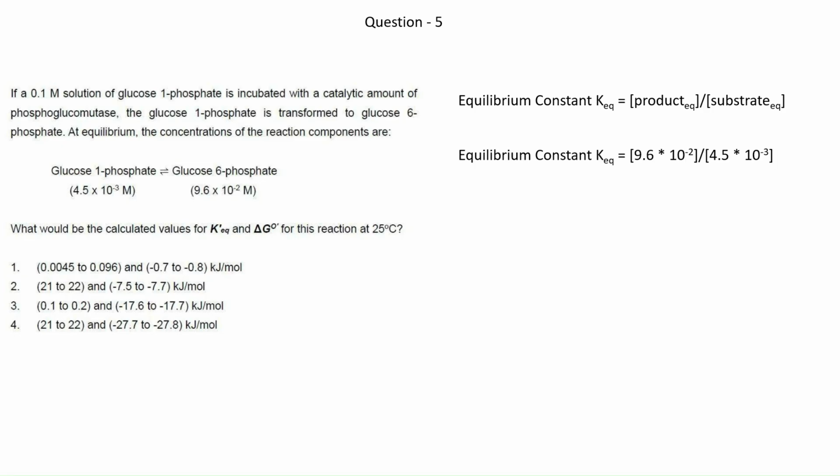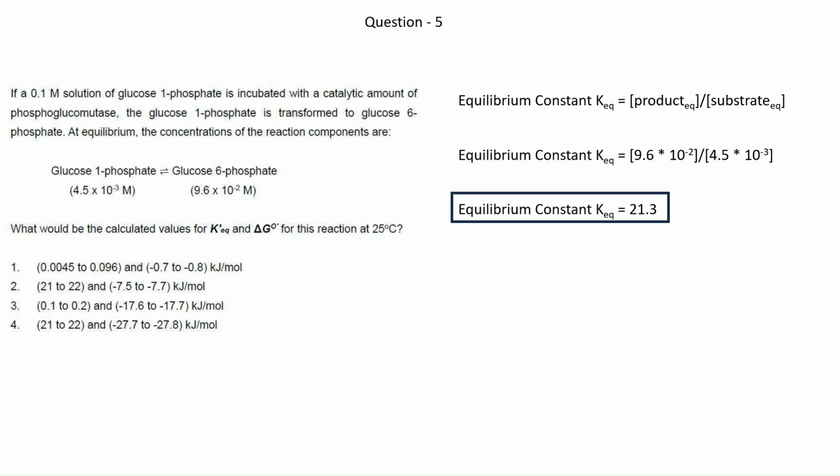So as we are provided both the numbers, we'll just put them into the equation and we'll get the equilibrium constant to be 21.3. So from this first half of the answer, we can see that we only have to focus on options 2 and 4, which depict the equilibrium constant between 21 to 22.